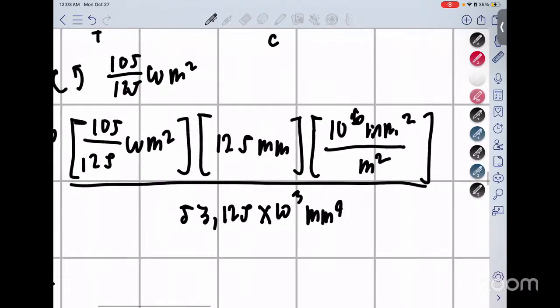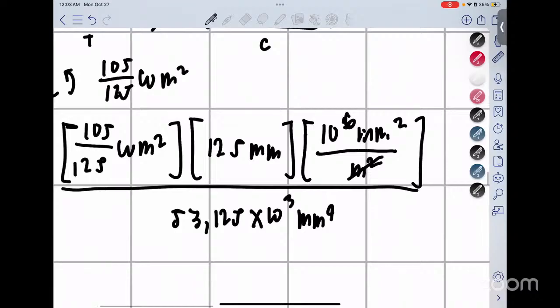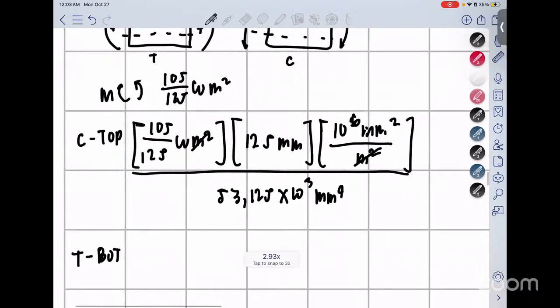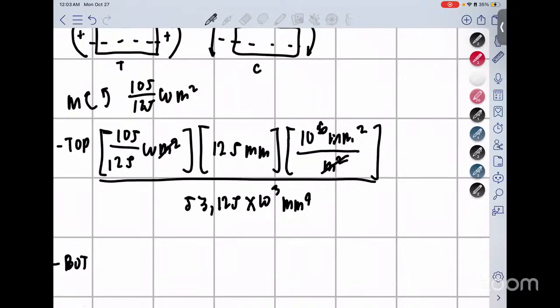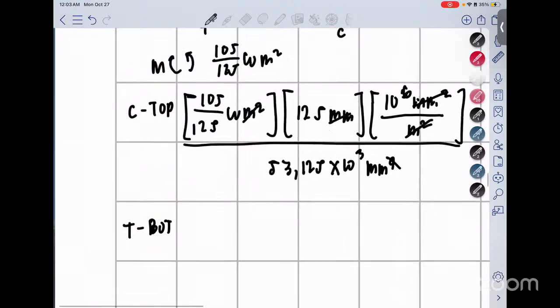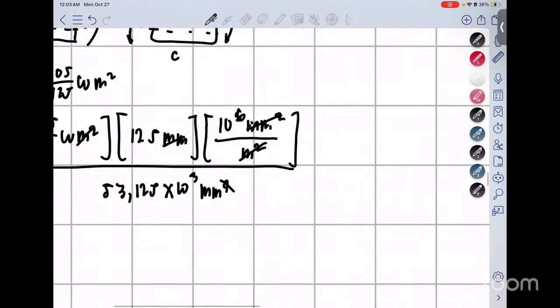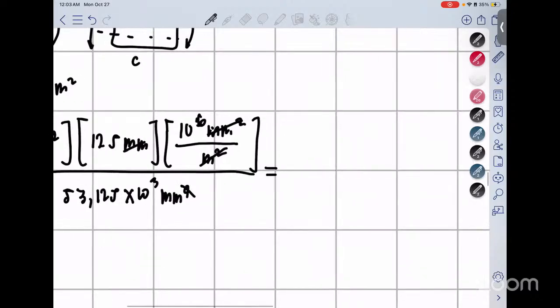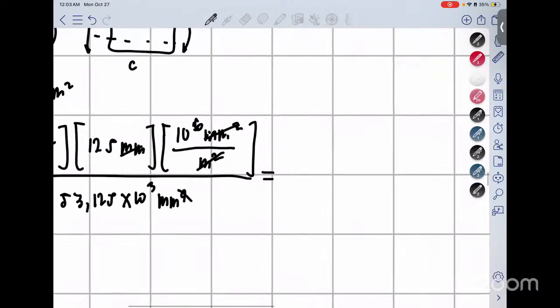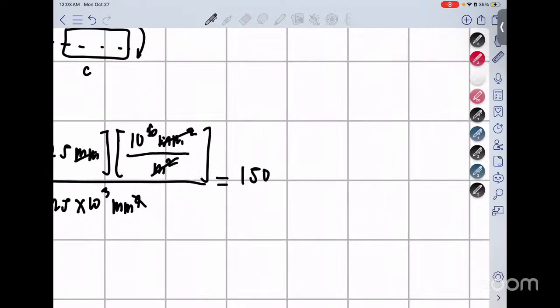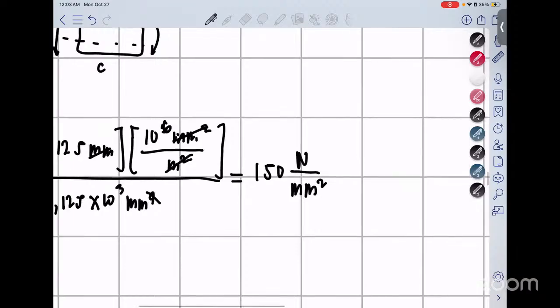Canceling all this out, you'll end up with just one. You'll have to equate this to the maximum. We have compression at the top. Our maximum compression is 150 megapascals, which is equal to 150 Newton over millimeter squared.